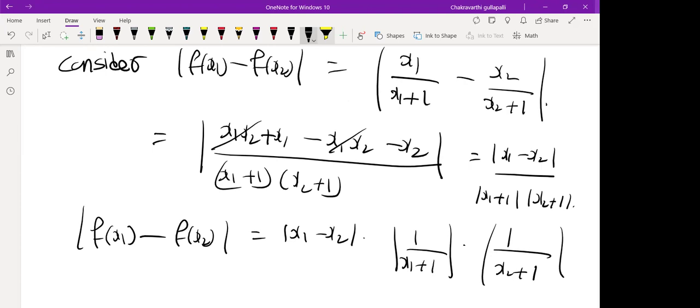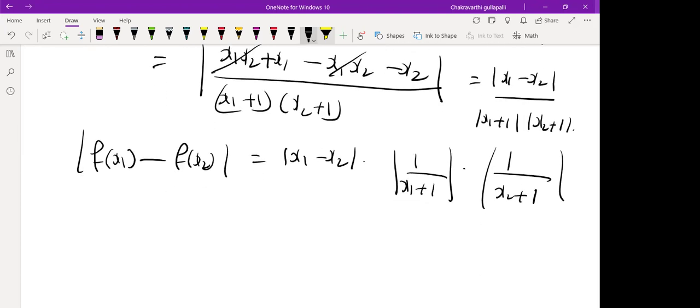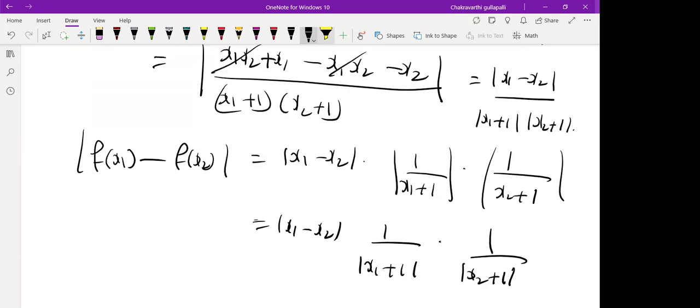Now we have to make it less than epsilon. So |x1 minus x2| times 1 by |x1 plus 1| times 1 by |x2 plus 1|. We want this to be less than epsilon. When is this less than epsilon? Only when this total is less than epsilon.